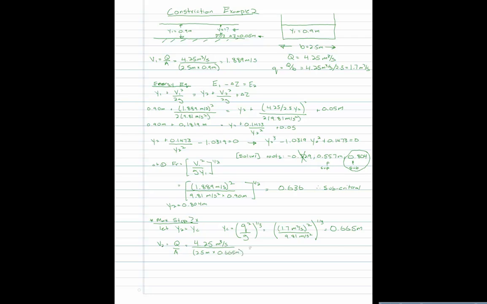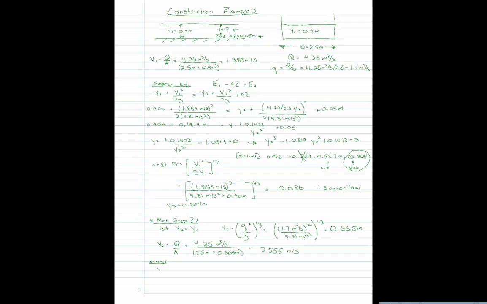Okay, and so if the flow depth was critical over the obstacle, then the velocity at that juncture would be 2.555 meters per second. Alright, so we'll now look at the energy equation.